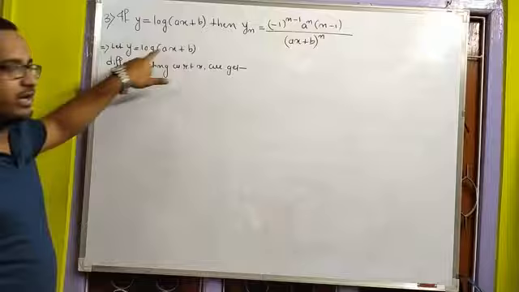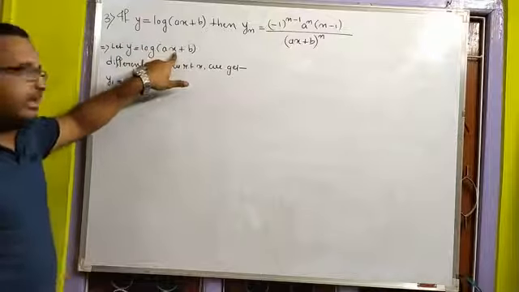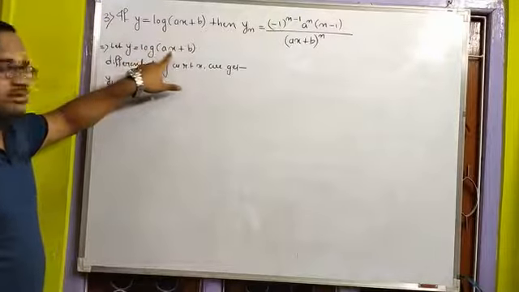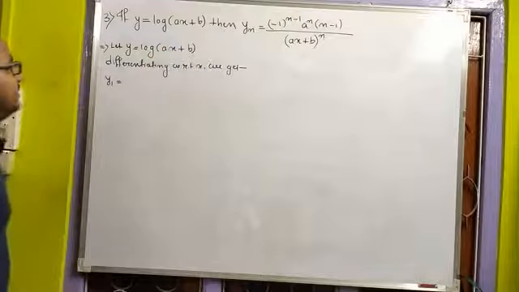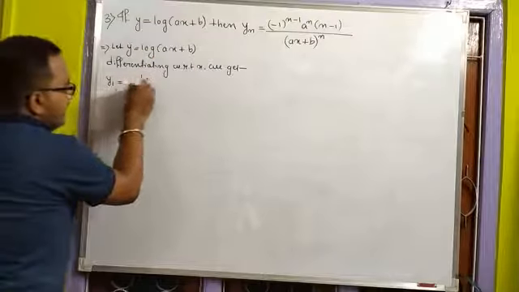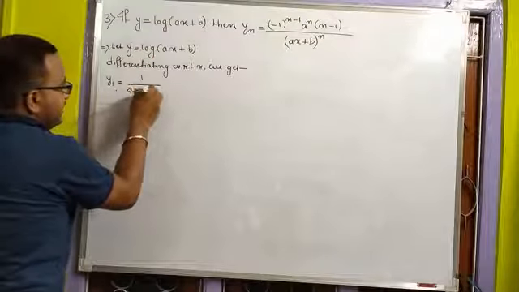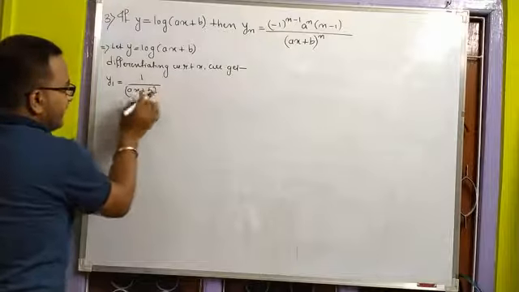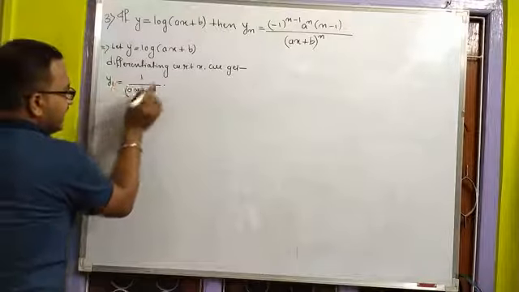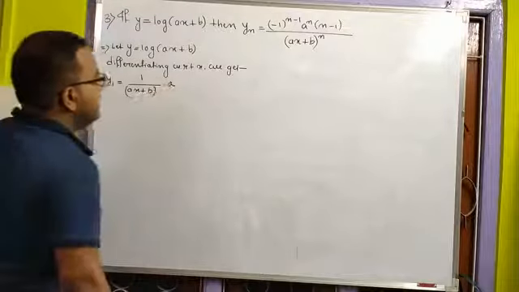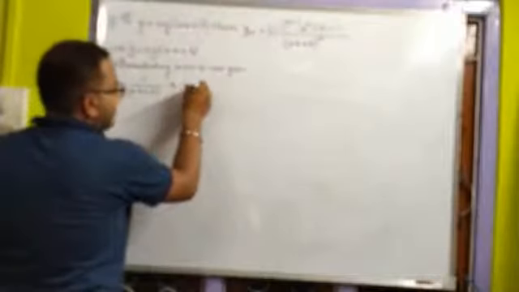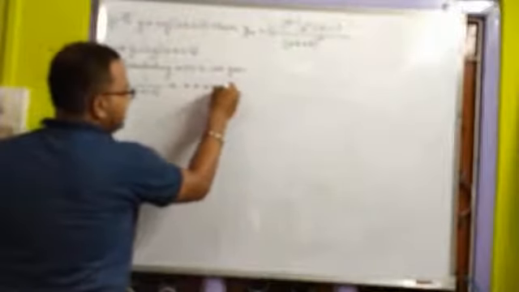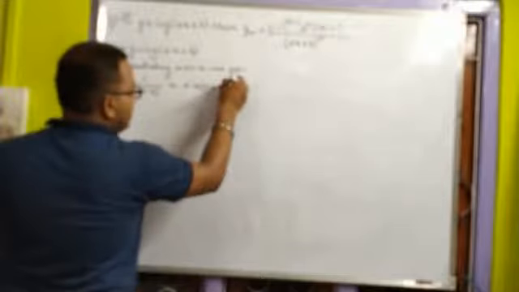What is the derivative of log x? It is 1 by x. So the derivative of log of this is 1 by this into the derivative of this. So it will be 1 by ax plus b into the derivative of this. The derivative of this is a. So this can be written as a into ax plus b whole thing to the power minus 1.